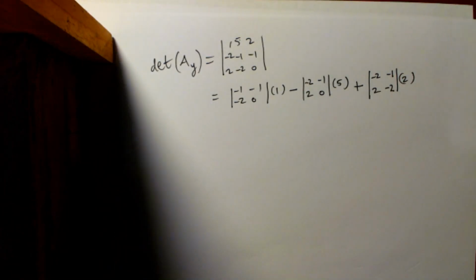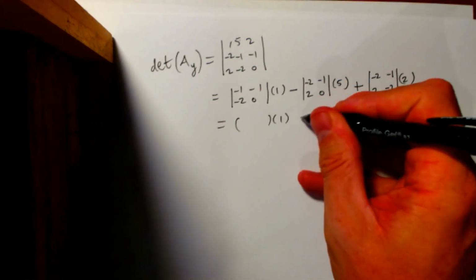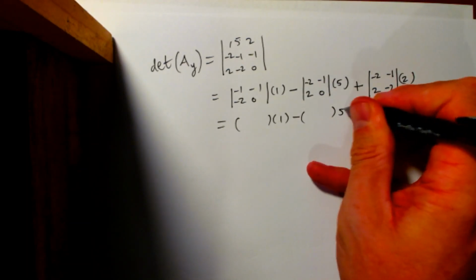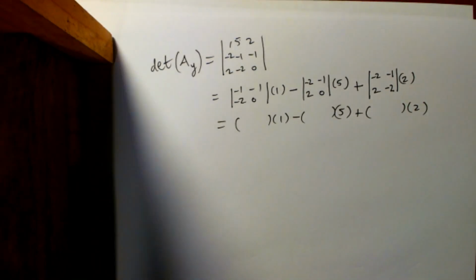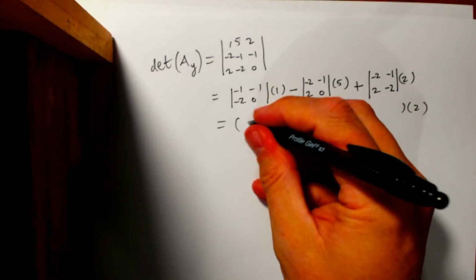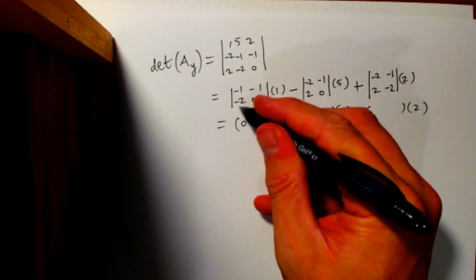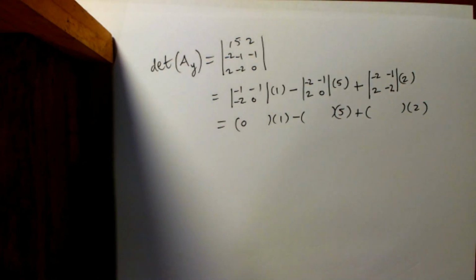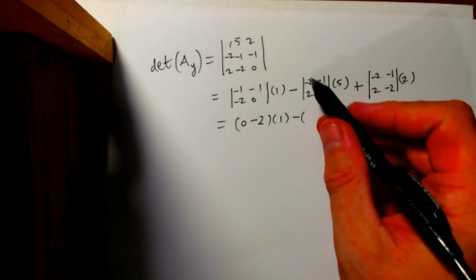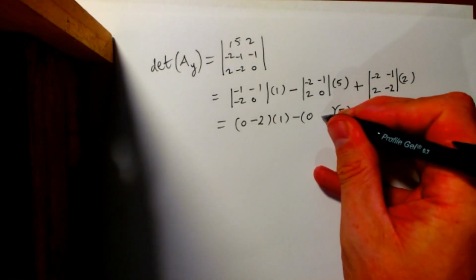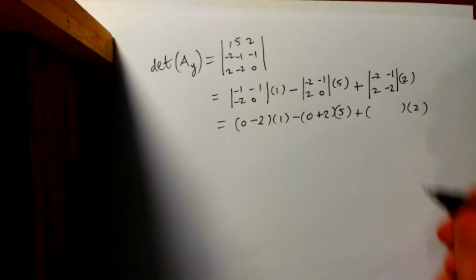Alright, so we need to simplify this. So we have in brackets something times 1 minus something in brackets times 5 plus something in brackets times 2. And so the product of minus 1 and 0 is 0. The product of minus 2 and minus 1 is plus 2, so we're subtracting plus 2. Okay, moving on to this, we've got 0 minus minus 2 is plus 2.